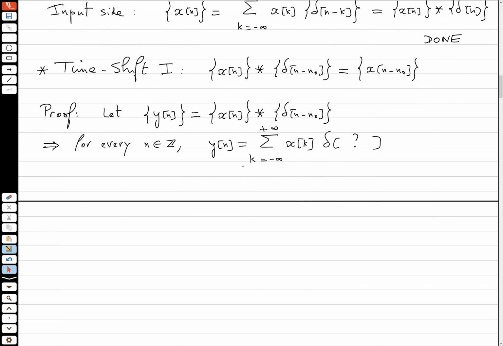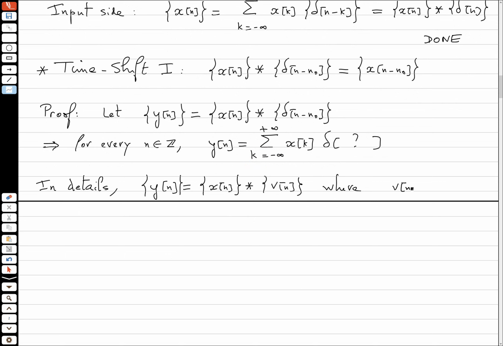So what I'm going to do is, okay, in details, I write y of n is x of n convolved with v of n, where v of n is equal to delta of n minus n naught. I can write that, right?